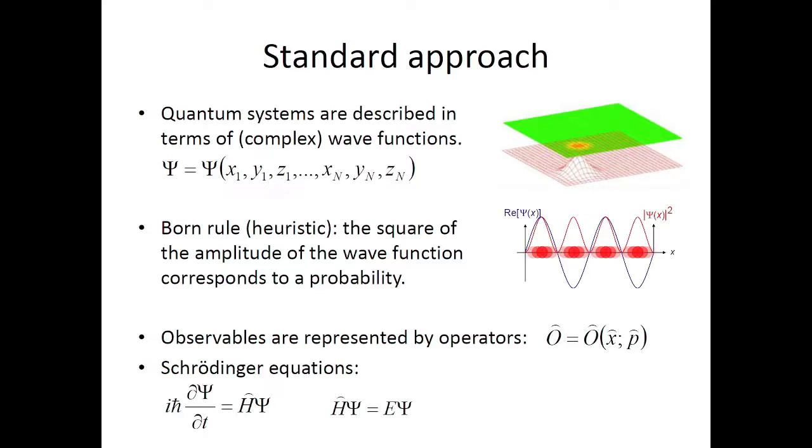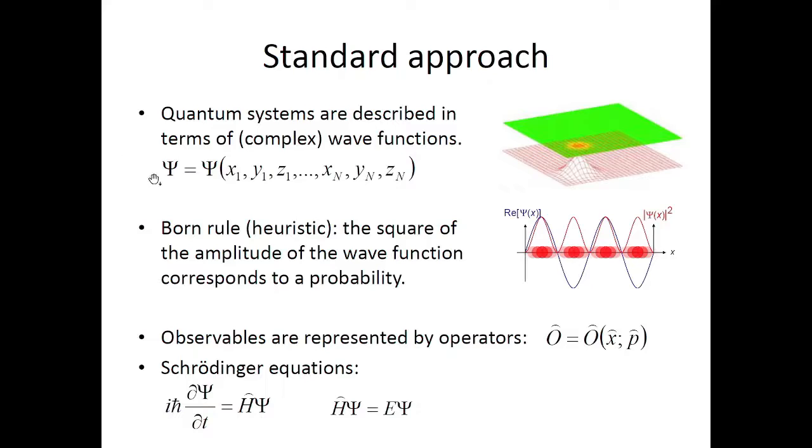The standard approach of quantum mechanics is rather simple to explain in mathematical terms. First of all, quantum systems are described in terms of a complex wave function, the one that you see here that I am showing with the mouse. Essentially this wave function is usually named with the Greek letter psi.